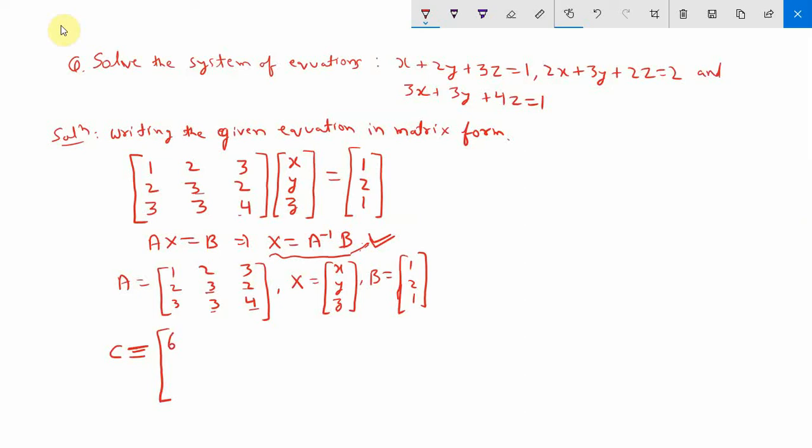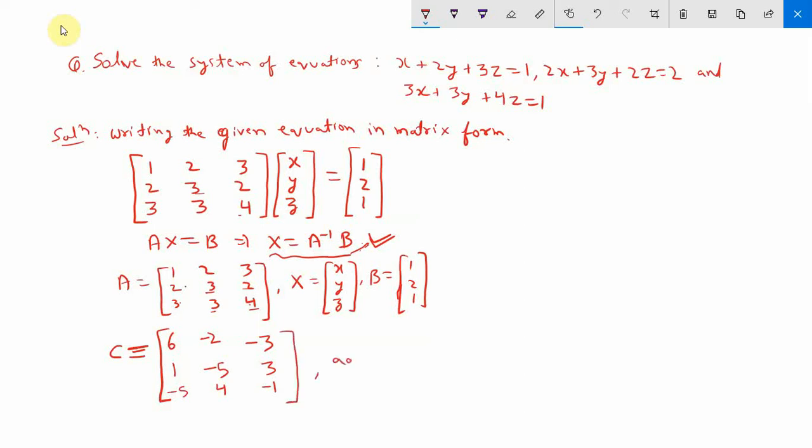Then next one will be minus, so 2 into 4 minus 3 into 2, so 8 minus 6, that is 2, and with the minus it is minus 2. Third will be 2 into 3 minus 3 into 3, so it will be minus 3. Similarly, we can write other elements as 1, minus 5, 3, minus 5, 4, minus 1. So this is the matrix of cofactors.